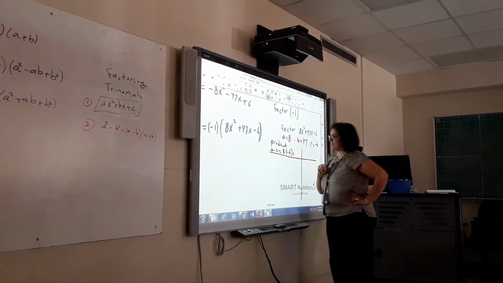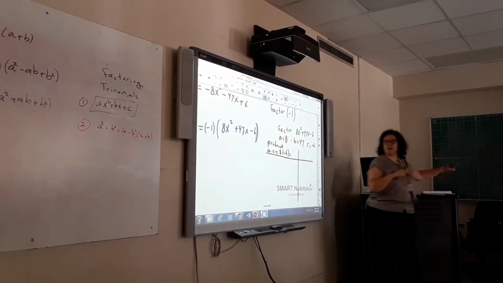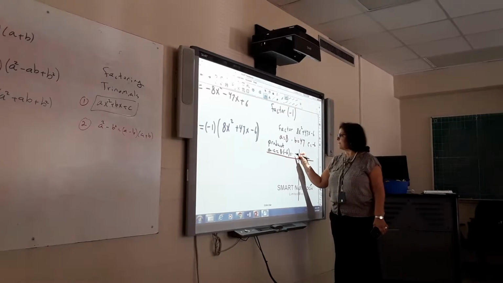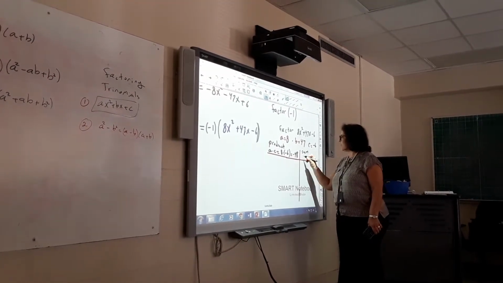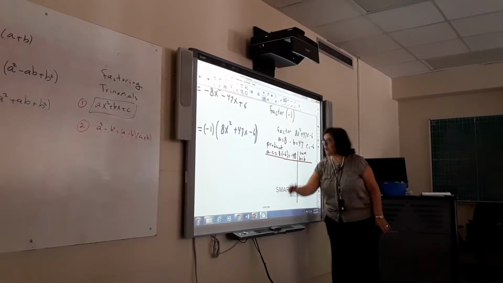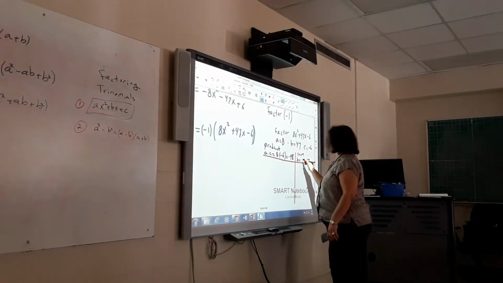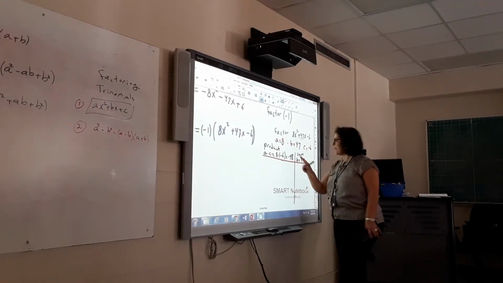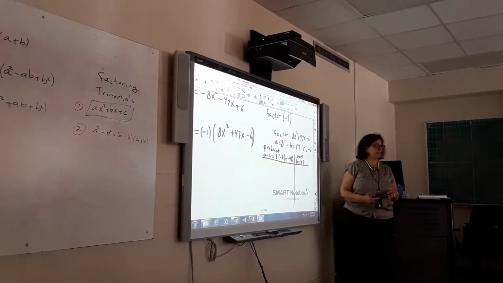A times negative 6 equals what? Negative 48. All right, bingo. Very good. And the sum is going to be equal to what? 47, which is B. Find me two numbers whose sum is 47 and whose product is negative 48.